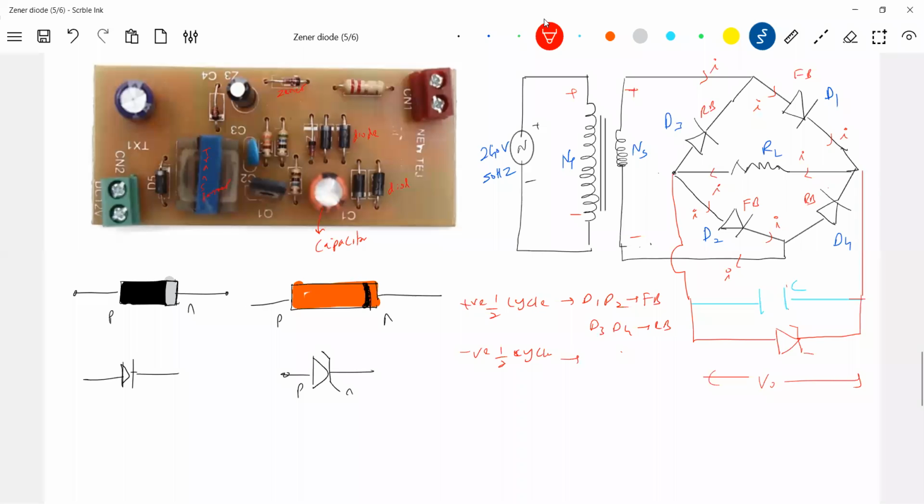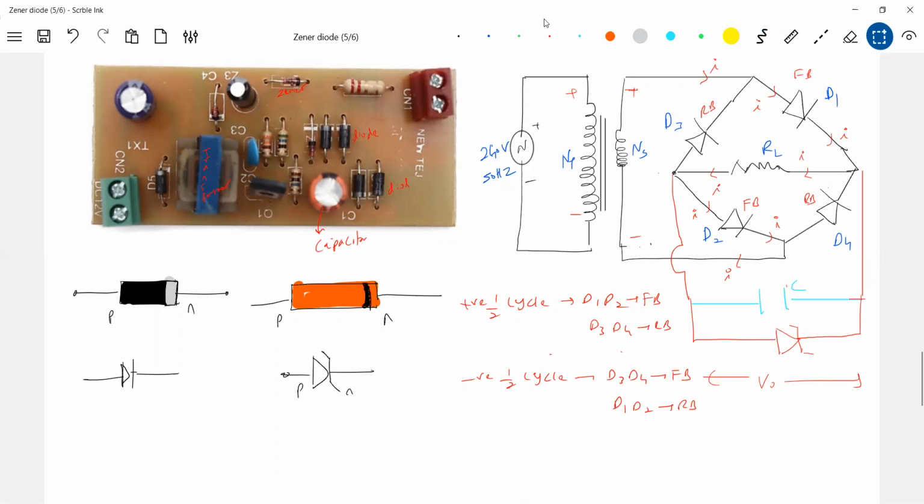During the negative half cycle, D3 and D4 are forward biased, and D1 and D2 are reverse biased. Like this, during the negative half cycle, again the current will flow in the same direction, you can see.